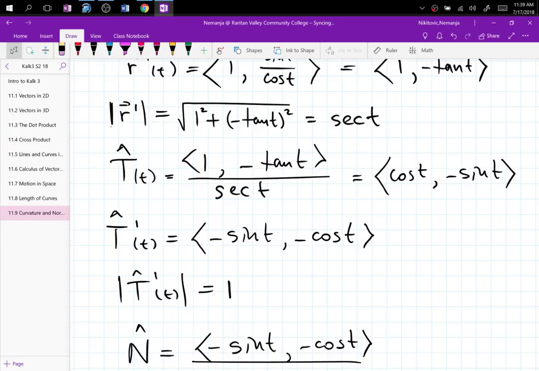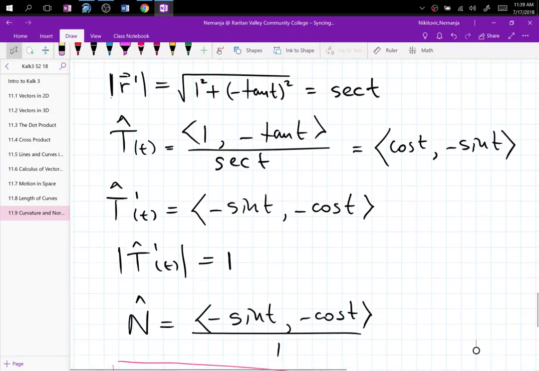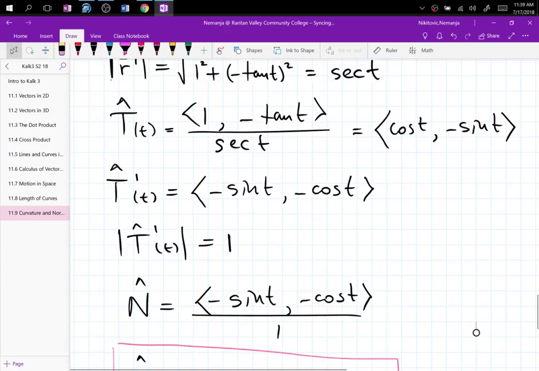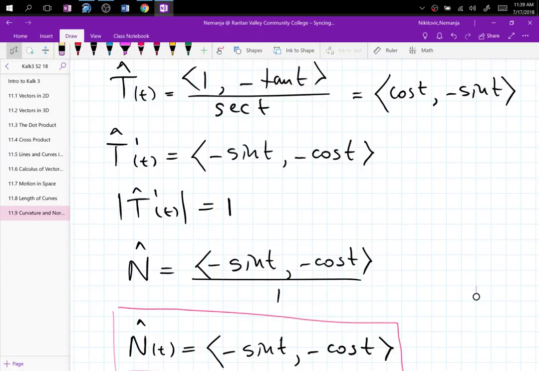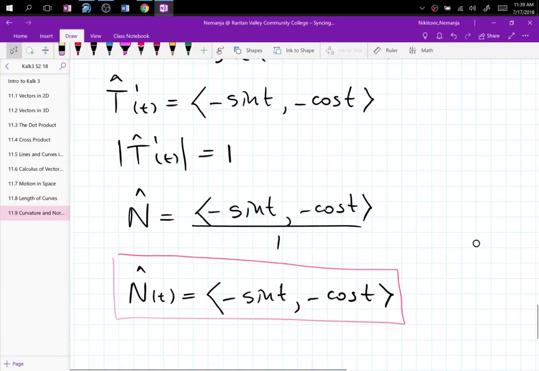Then T prime, the derivative of each one of those, is negative sine, negative cosine. And the magnitude of T prime is equal to 1. Now when you divide T prime by its magnitude, you get the normal vector N. So that is the answer.